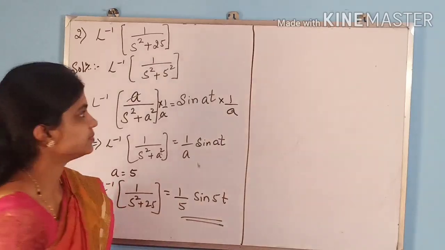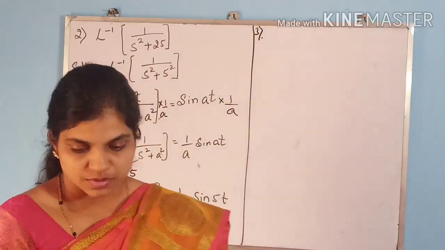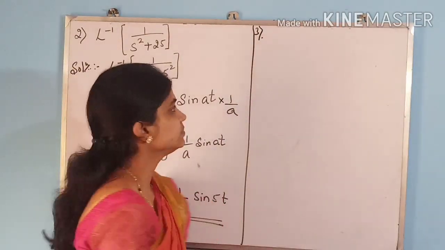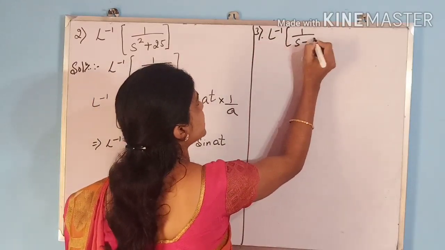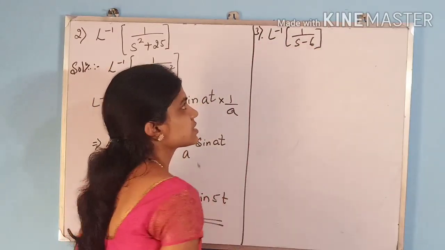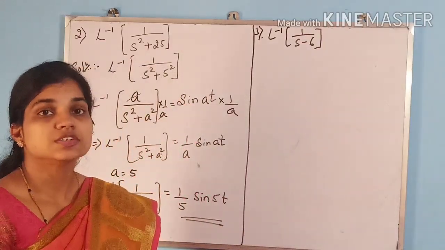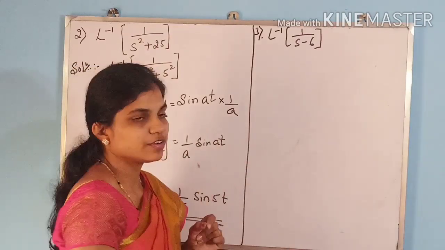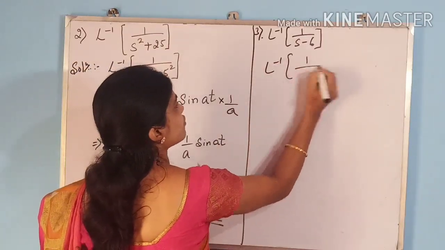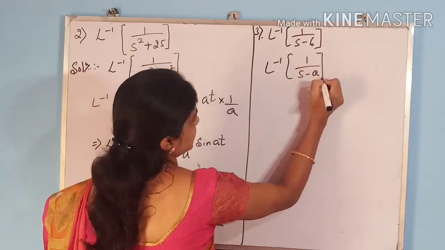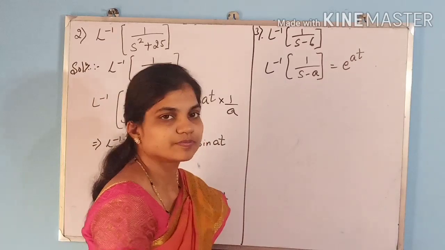The third problem. Find the Laplace inverse of 1 by s minus 6. So to find this, we have to again go back to our formulas. Now we have a formula wherein Laplace inverse of 1 by s minus a is equal to e raised to at.